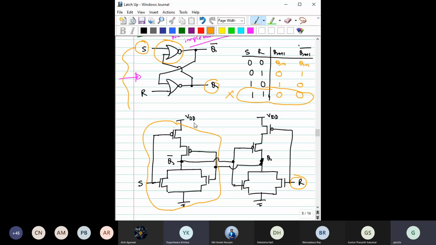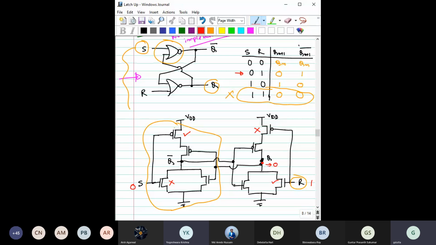So can we do a quick check whether the truth table that we have made here is followed in this circuit or not? That is required. Let's say any valid combination, say the 0, 1 combination. So S is 0, R is 1. When S is 0, this transistor is off, this transistor is on, this is 1, this transistor off, this one on. Now you can see this Q point is already connected with ground, so obviously it has to go to 0.